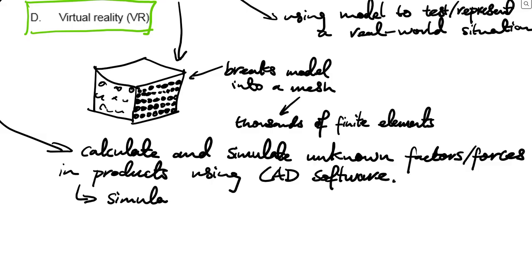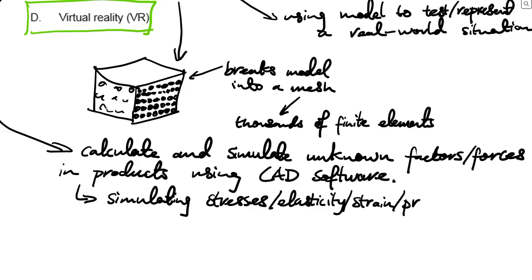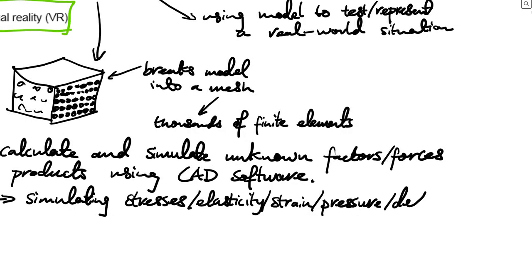So simulating stresses or maybe elasticity, or we can say strain, pressure, deformation. That's one thing you can look at when you do injection molding analysis.